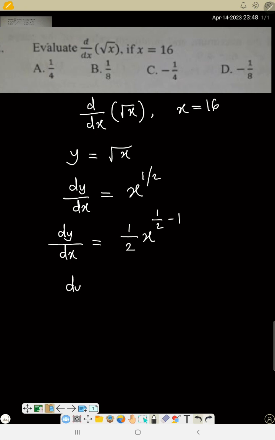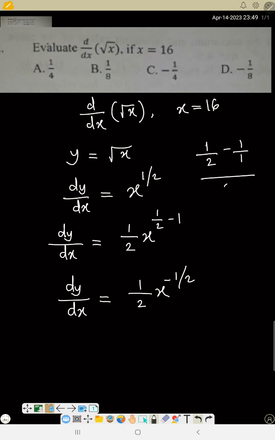So now dy/dx will be equal to half x raised to power minus half, because half minus 1 is minus half: LCM is 2, 1 minus 2 gives minus 1 over 2.